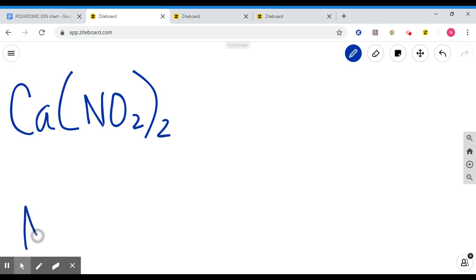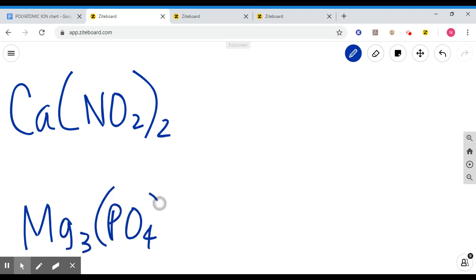And let's do Mg again. Mg3(PO4)2. Okay, so remember the strategy that we did was to underline the first, and then we circled the second. So we underlined the first, and we circled the second. So take a moment and pause the video, and come back when you have the name.